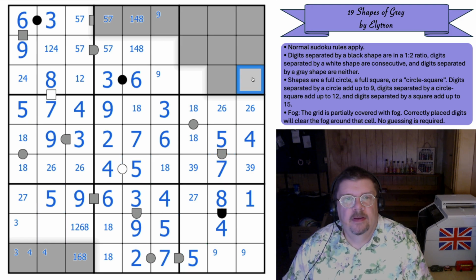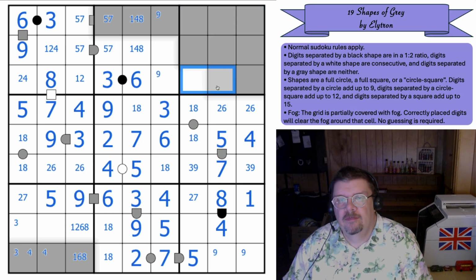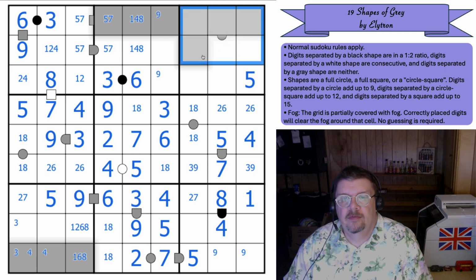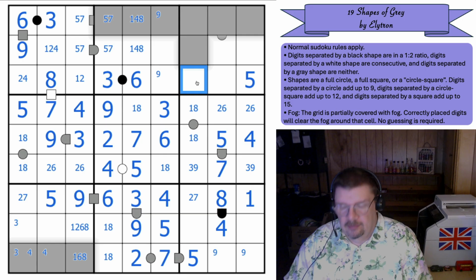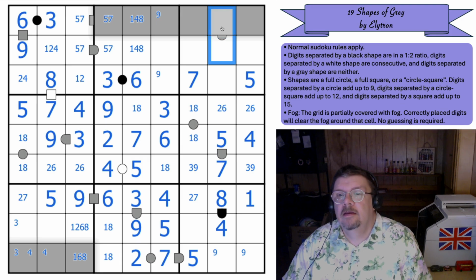Yes, I can place a 5 here. That 5, 7 means that none of those are 5s or 7s. And then these 5s means that those two aren't 5s, so that's a 5. Likewise, none of those are 7s, and now that's not a 7 because of that, so that's a 7. It was indeed Sudoku.